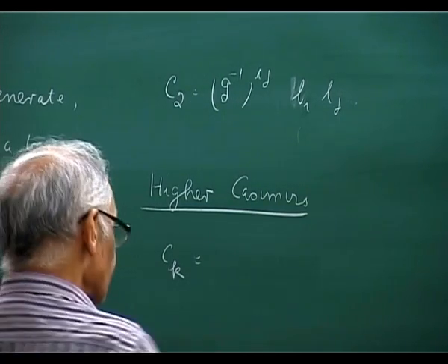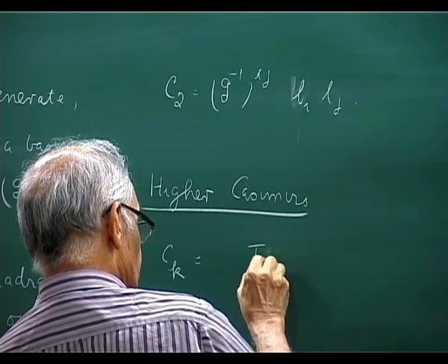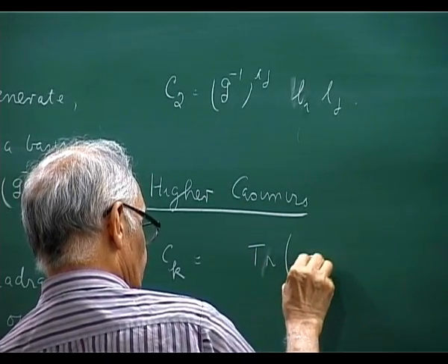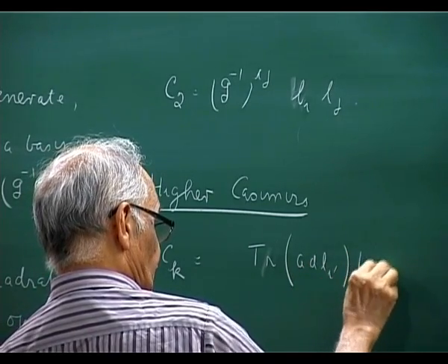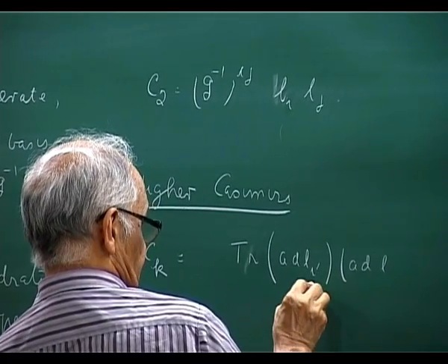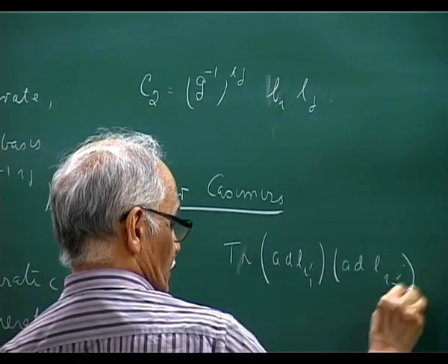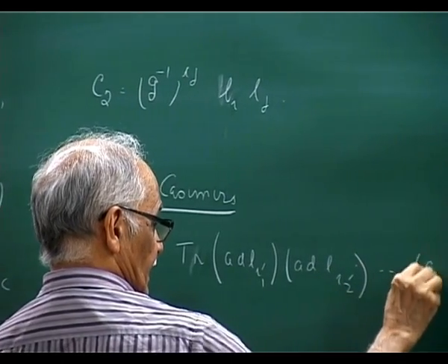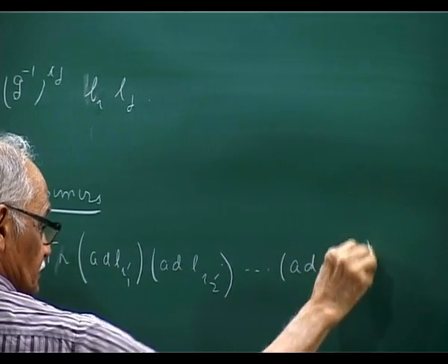What you do is you take the trace of ad L_i1 prime, ad L_i2 prime, up to ad L_ik prime.